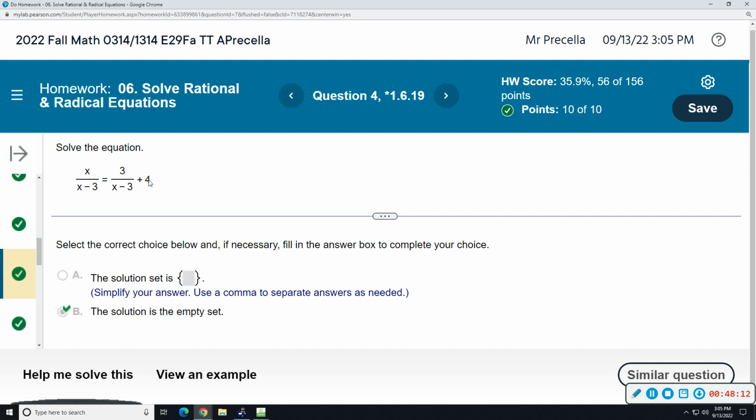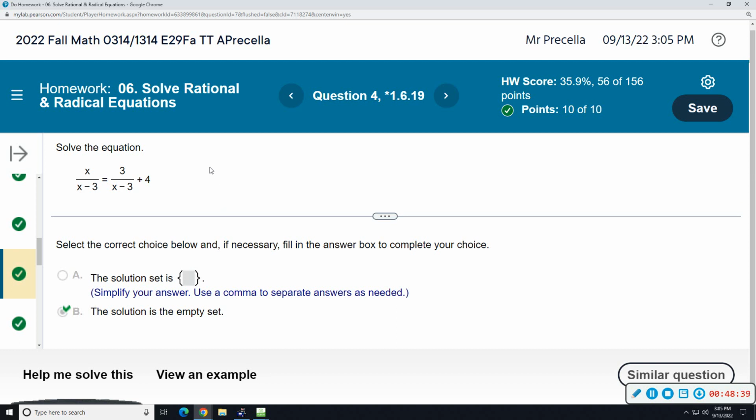If this had been a 5 instead of a 3, or a 2 instead of a 3, it would not have been an empty set because you wouldn't have gotten 3. They have it rigged here so that in problem number 4, every time you do it, you get whatever number gives you a denominator of 0. But there's no rule in algebra that if the same denominator appears twice, it's an empty set.